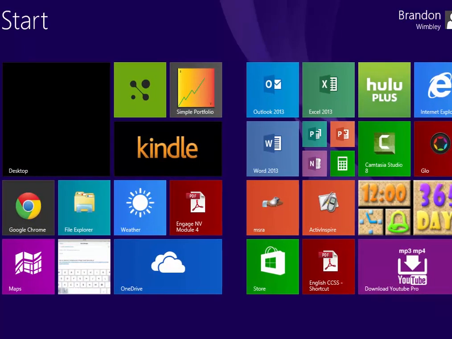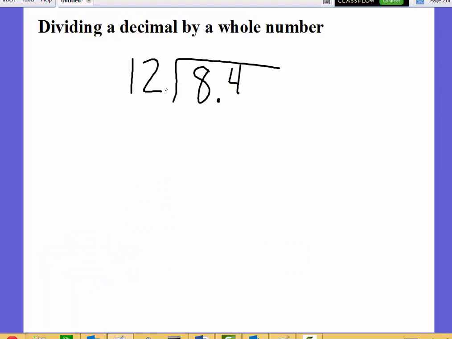My first step is I'm going to bring that decimal straight up. Whenever I have a decimal in my dividend, I just bring that decimal straight up. So next I'm going to ask, how many times does 12 go into 8? Well, I know it goes into 0 times. And then I'm going to repeat my process.